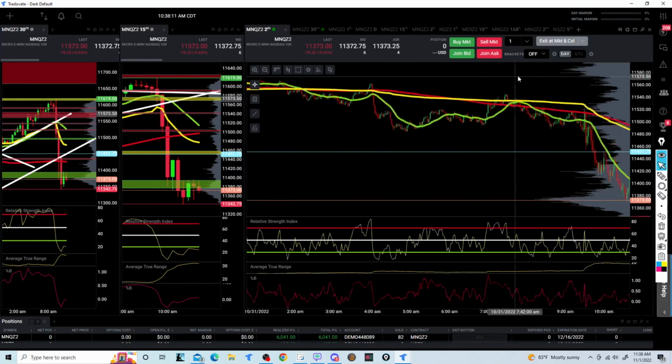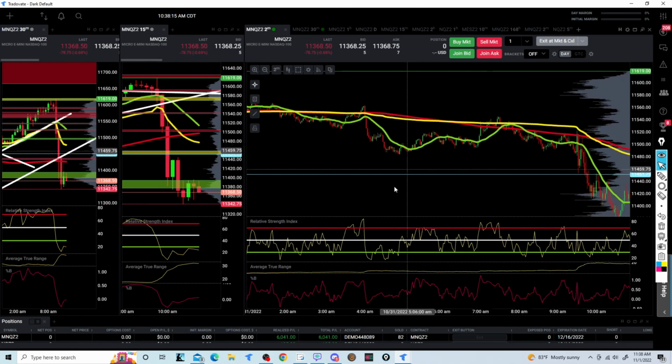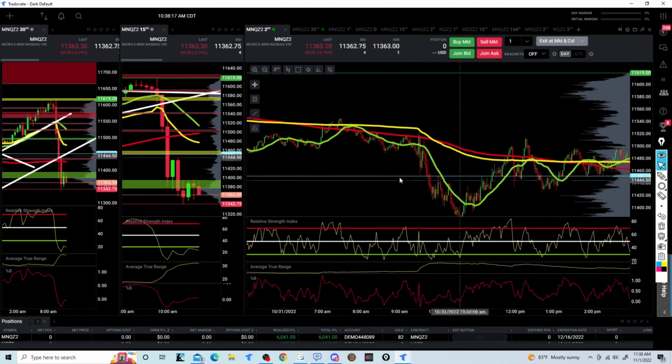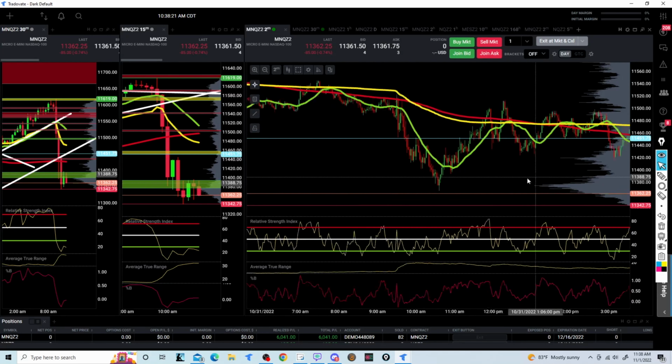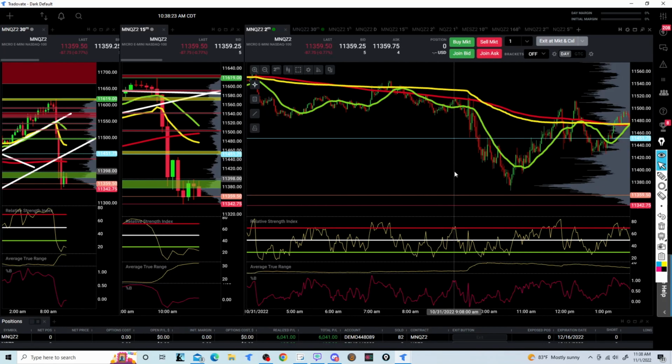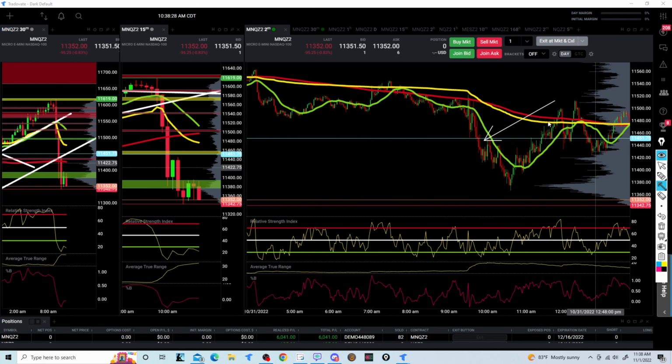So, look at your 20 period moving average. Understand how price reacts to it. You can simply trade that strategy alone. Just follow the 20 period moving average. Buy at or near it in an uptrend, sell in a downtrend at or near it.